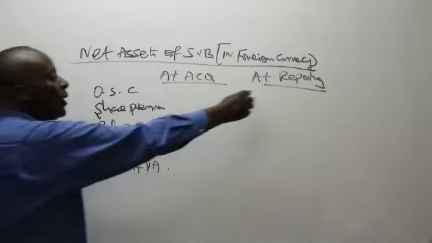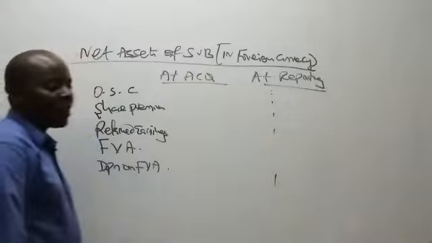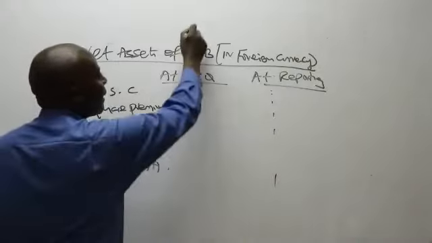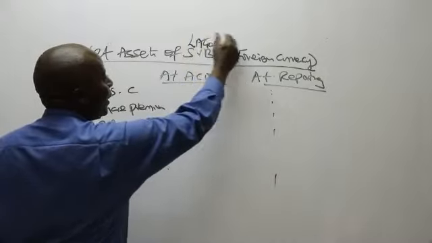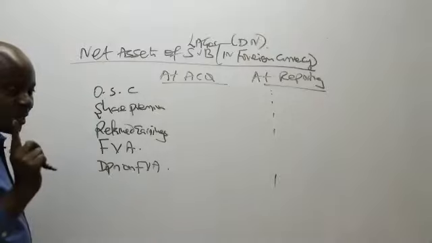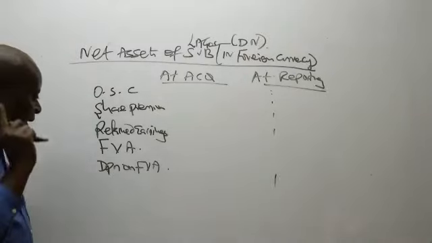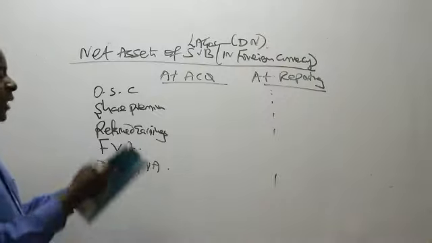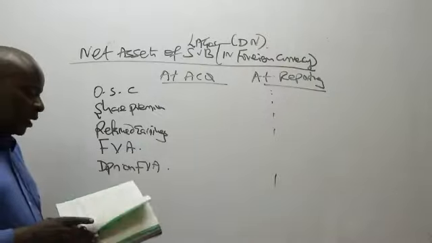Now, come and fill the column. Remember it is the net assets of the subsidiary, net assets of Lagos in terms of its currency, which is the DN. Let's first fill in at reporting. What do we have there?